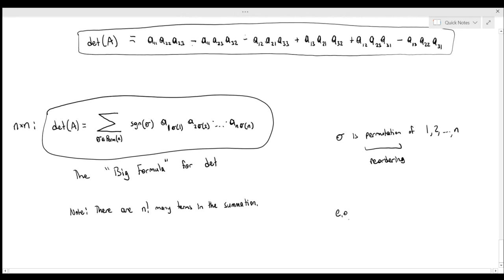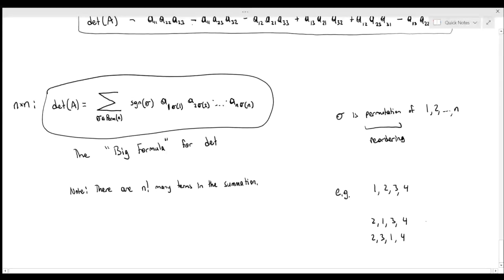As an example, if I take the numbers 1, 2, 3, 4, and I reorder them, let's say I do 2, 1, 3, 4, that would be one permutation. I could do 2, 3, 1, 4, that's another permutation, and so forth.